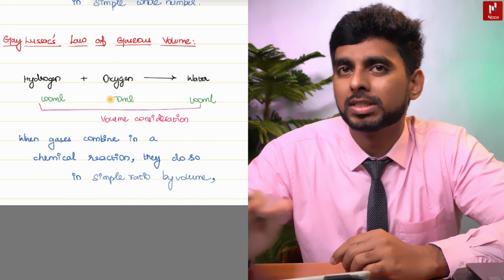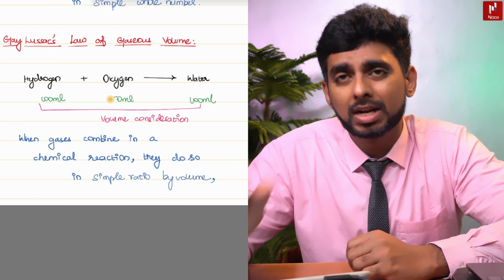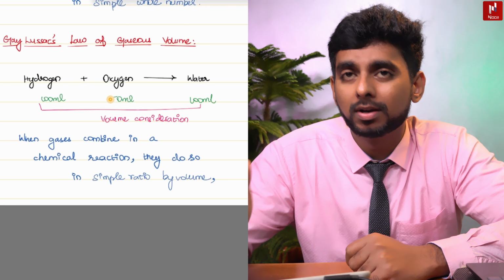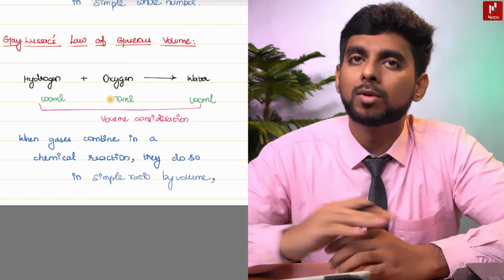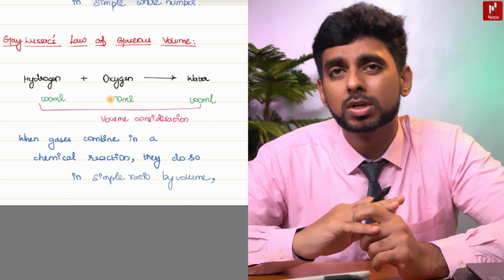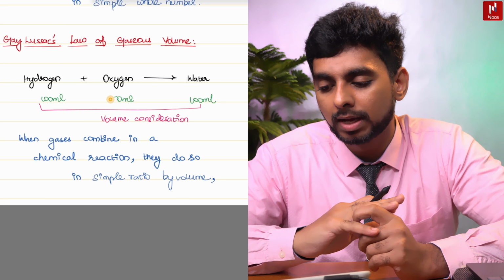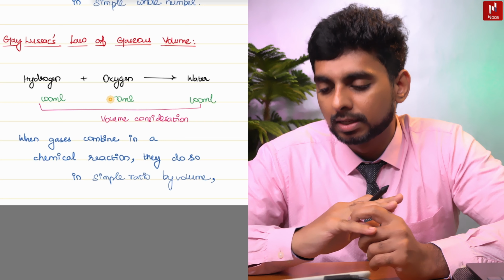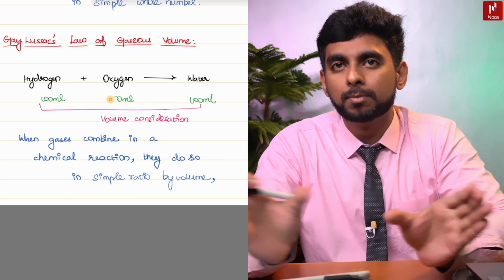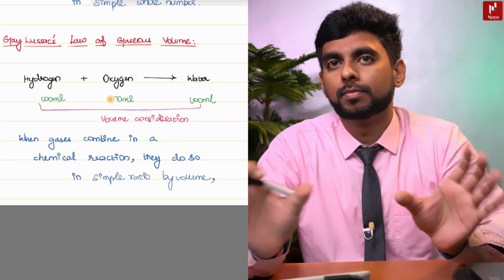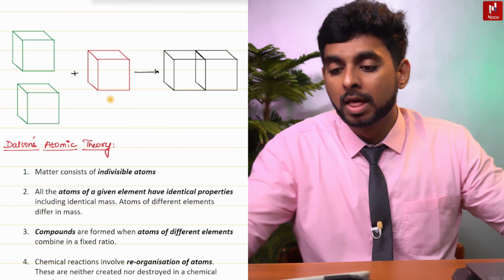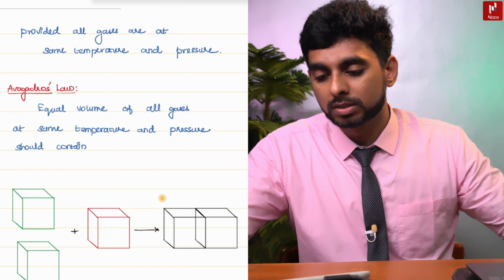Whatever the temperature and pressure, that is not a mandatory parameter here. The point is you need to have the same temperature and pressure. It could be whatever temperature or whatever pressure, that doesn't matter, right? So this is what is meant by Gay-Lussac's law. Gay-Lussac's law represents that two different reactants will combine in a simple ratio by volume. So you should be clear with Gay-Lussac's law. Then we will see what is meant by Avogadro's law, right?